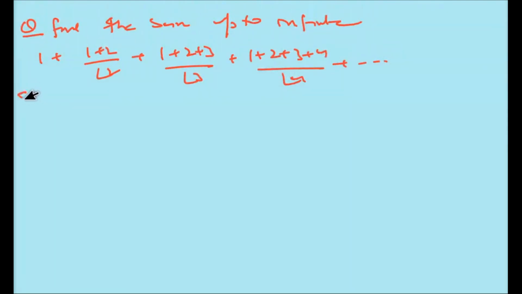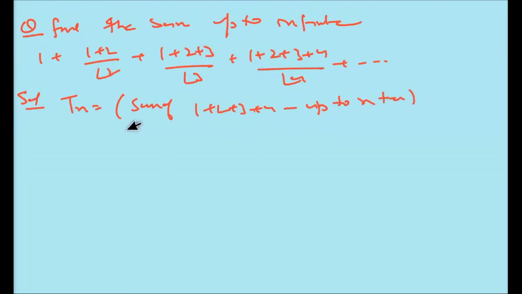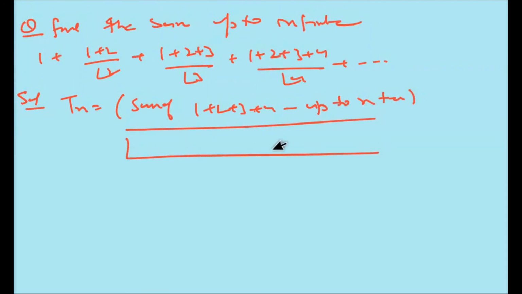So now the solution is, we will get the Tn. Now you can see sum of 2 terms in the second term, sum of 3 terms in the third term, sum of 4 terms in the fourth term. So Tn will be the sum of 1 plus 2 plus 3 plus 4 up to n terms, upon factorial n.